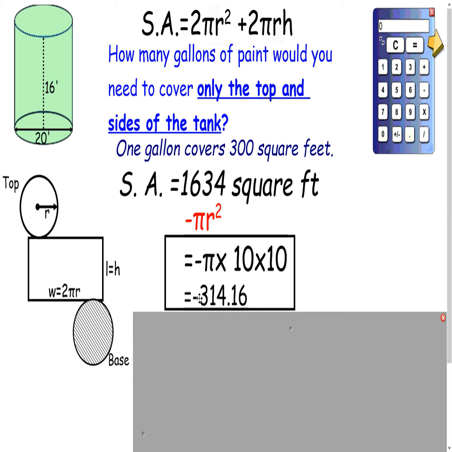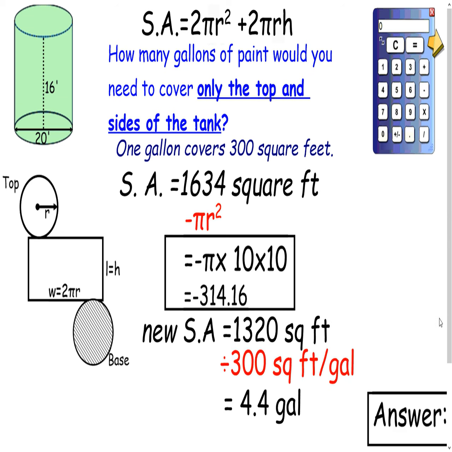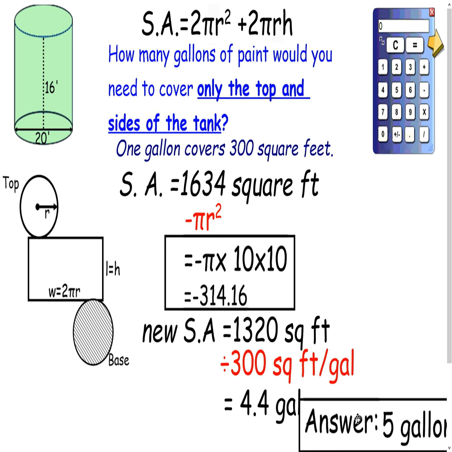We're going to subtract out 314.16 feet squared, and when we do, we end up with 1,320 square feet. Take that and divide it by 300 again, square feet per gallon, and we end up with 4.4 gallons. And how many gallons are we going to need to buy? Again, we can't buy 0.4 of a gallon, so we're going to end up needing 5 gallons.